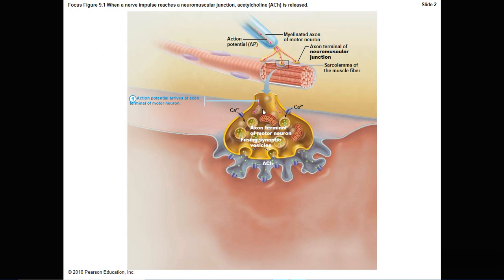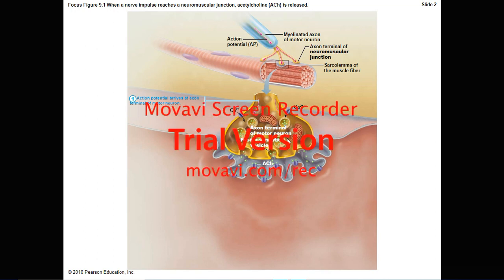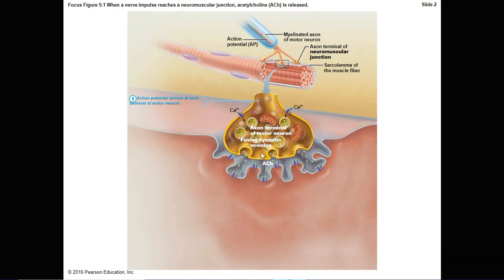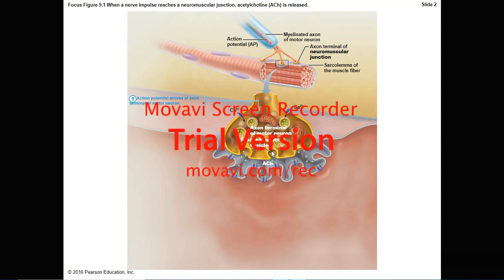All right, and this is showing you an up close picture of a neuromuscular junction, and you see how you have this little synaptic cleft, this little space between the axon terminal and the muscle cell fiber. Within this space is where the acetylcholine gets released from the axon terminal, and then it's going to bind to receptors on the sarcolemma of the muscle fiber.